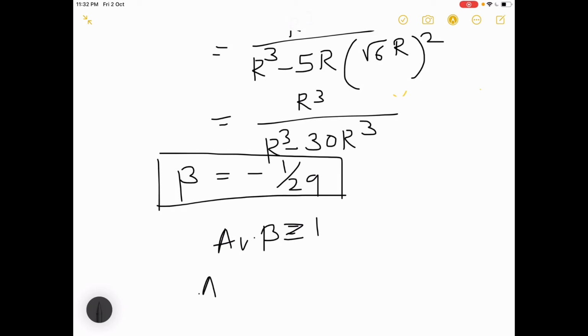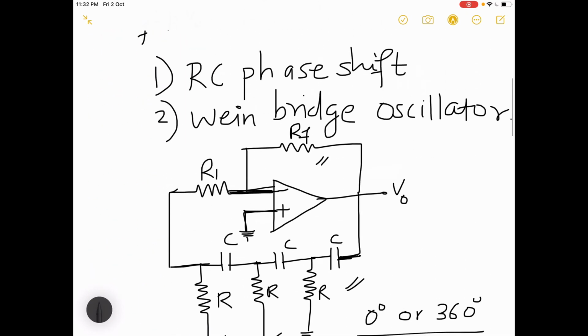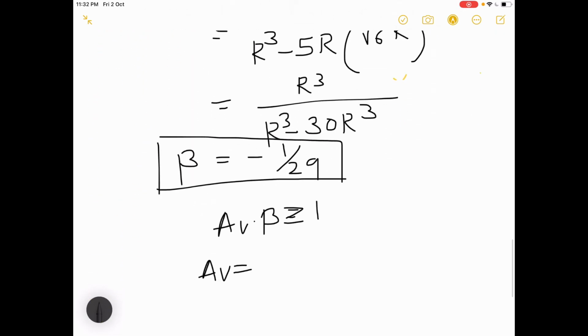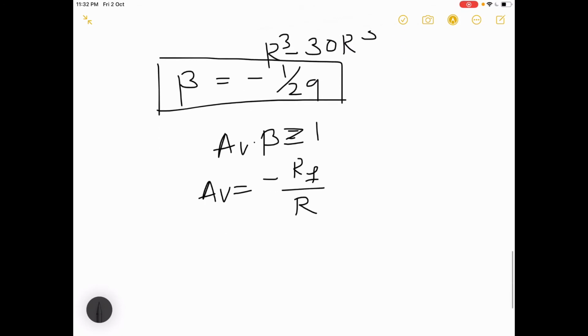Av is nothing but the gain of the amplifier, and as our circuit is in inverting amplifier configuration, the gain will be minus Rf by R. So I can put the value of Av in this equation: minus Rf upon R into minus 1 upon 29 greater than or equal to 1.